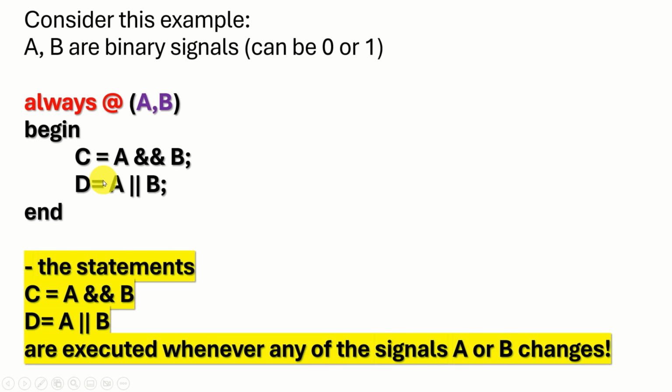That is, these two statements will be executed. Similarly, now if A goes back to 0, then again these two statements will be executed. And the same thing applies to B. That is, whenever any of the signals A or B changes, this block will be triggered and executed.